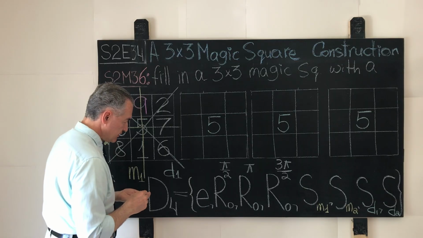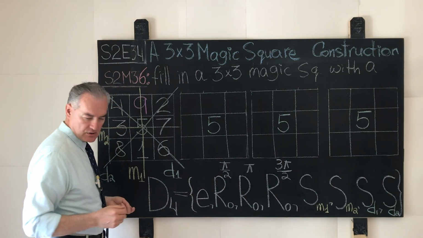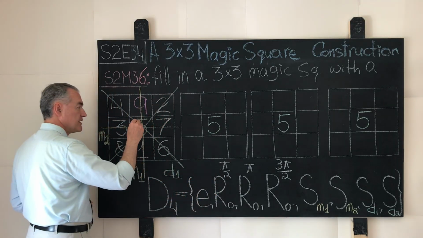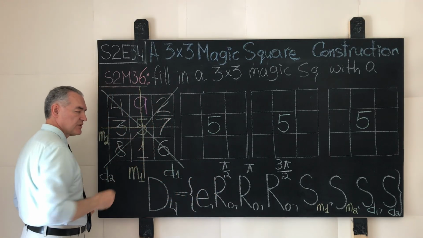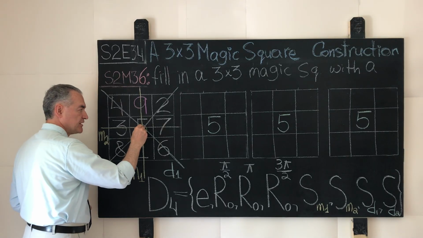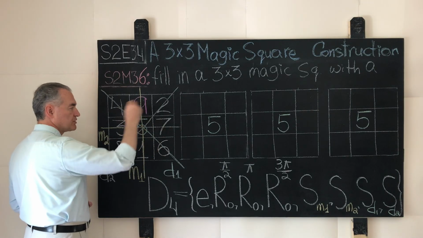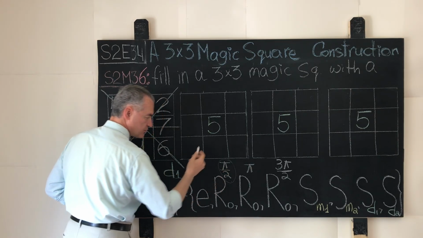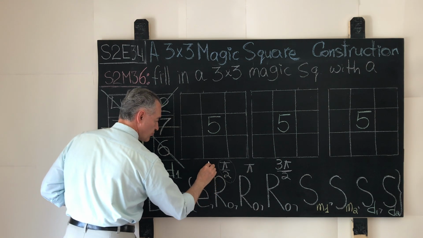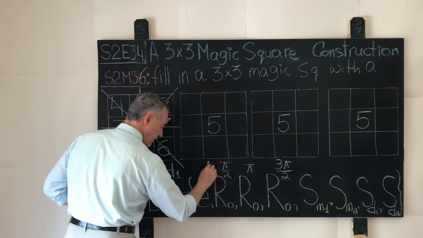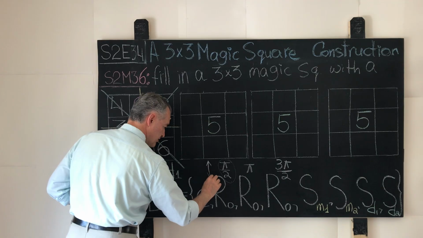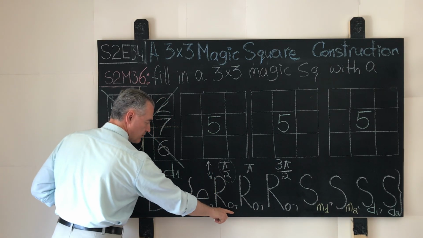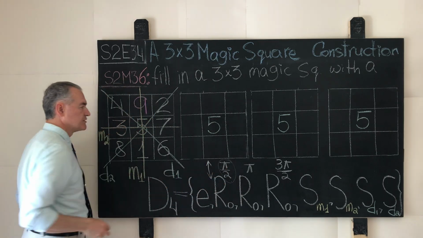So now let us together carry out this transformation over here. Let's rotate the parent magic square that we constructed in the previous segments about its center in the parent plane counterclockwise by pi over 2 radians. This square will correspond, there's a little bijection if you will, to this element of the dihedral group, the rotation about the center by pi over 2 radians counterclockwise in the parent plane.